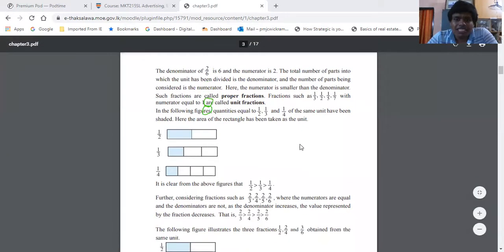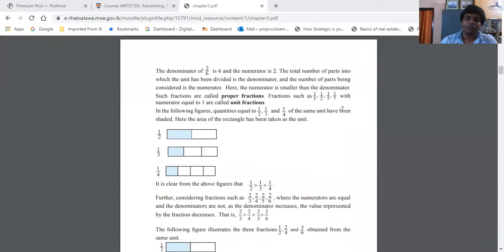Let's move on. Fractions such as 1/3, 1/5, 1/7, in which the numerator is equal to 1, are called unit fractions. You should listen to this. When the numerator is smaller than the denominator, it's called a proper fraction.